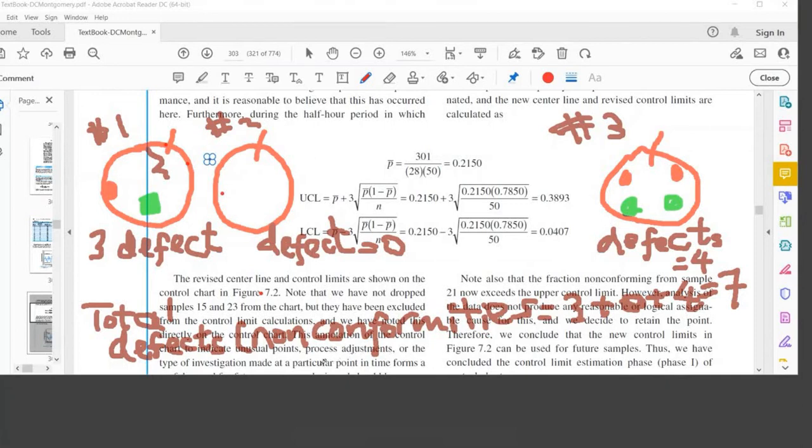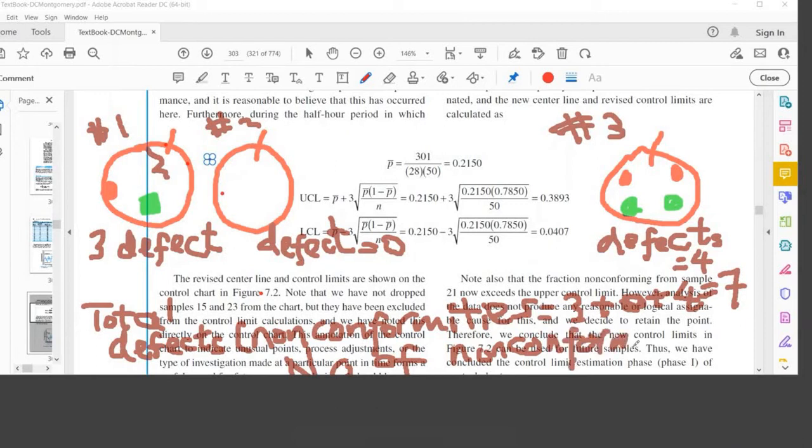Okay, so how many non-conforming? Sorry, I have to write on this but there is no space. Type of non-conforming.